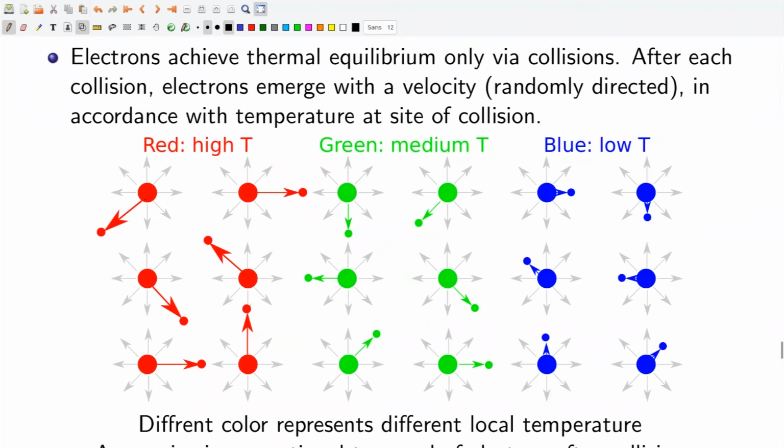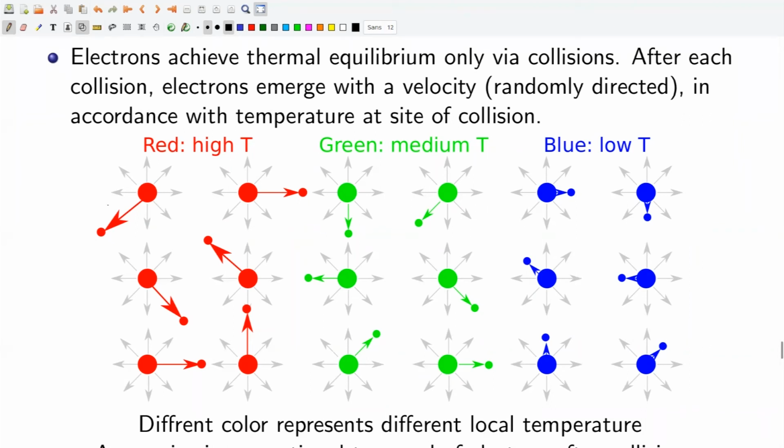As you see in this diagram, these gray arrows show all possible directions in which the electrons can be scattered. And then you see these red arrows and green arrows and blue arrows. These are the actual directions in which the electron is getting scattered. Now you see electrons are still getting scattered in different directions, and the size of the arrow is proportional to the speed with which the electron emerges after the collision.